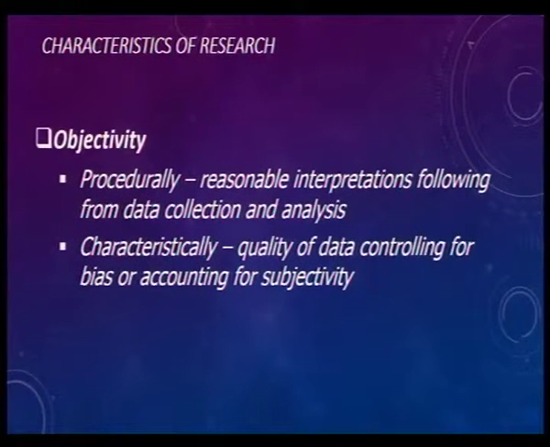Objectivity, or objective, means procedural, reasonable interpretation following from data collection and then analysis. Characteristically, this means quality of data, controlling for bias and accounting for subjectivity. So a research should have an objective, or the procedure that you need to follow.